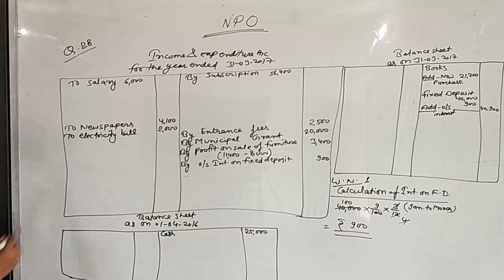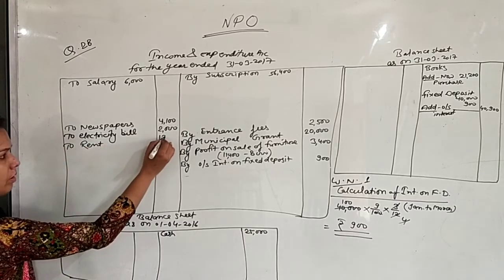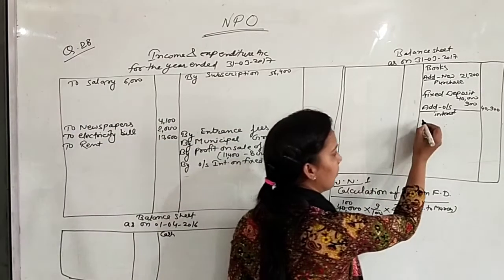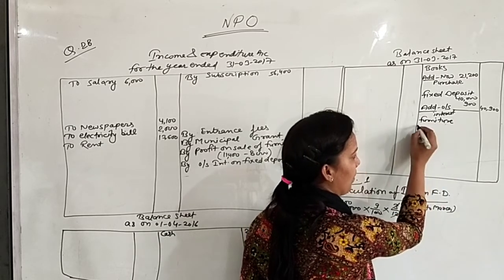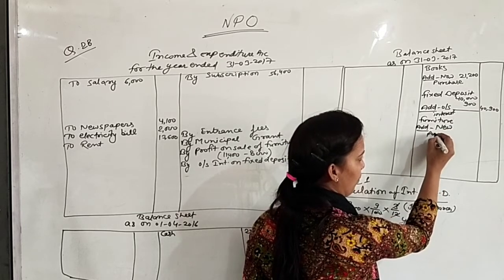Rent 13,600. Furniture is also your asset, and the same treatment applies for furniture, that you already have an opening balance, so we will write furniture, add new purchase.